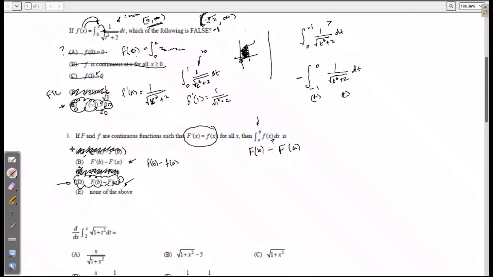And we're going to continue working on this. Let me go ahead and do a little bit of erasing.